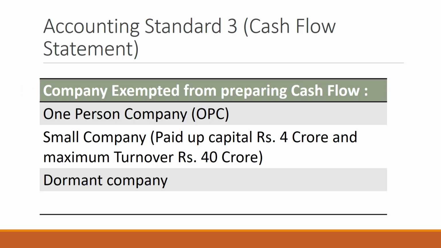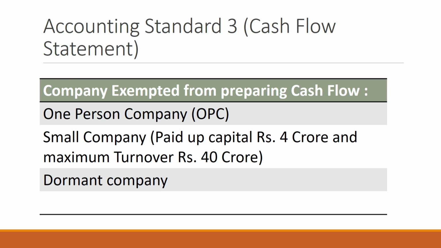Now you might be thinking, does every company have to prepare a cash flow statement? The answer is no. Some companies are exempted, meaning they don't need to prepare it. The following companies are exempted from preparing a cash flow statement. First is one person company. This means a company with just one owner.